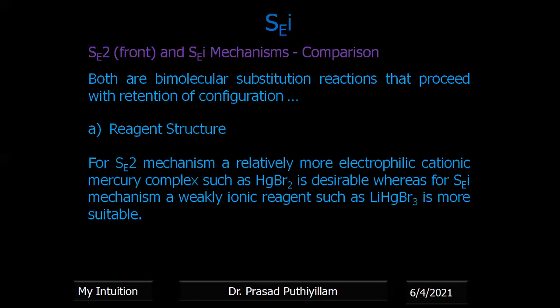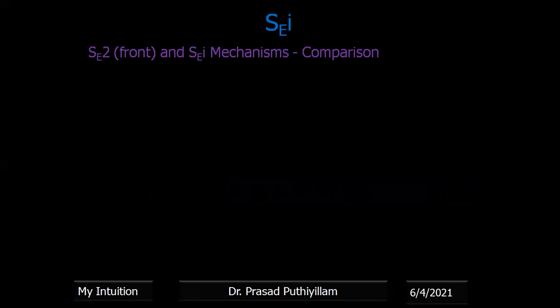In addition to that, some of the differences when we compare: first point, that is reagent structure. For SE2 mechanism, a relatively highly electrophilic cationic mercury complex such as HgBr2 is required, whereas for SEI mechanism, a weakly ionic reagent such as LiHgBr3 is more than sufficient.